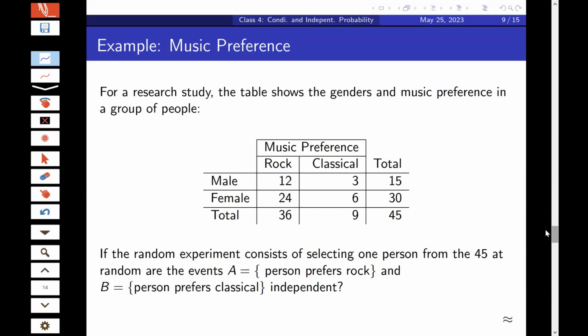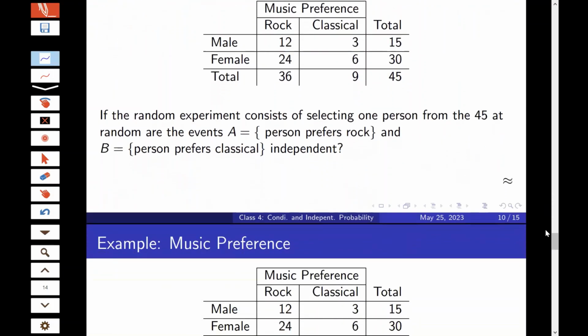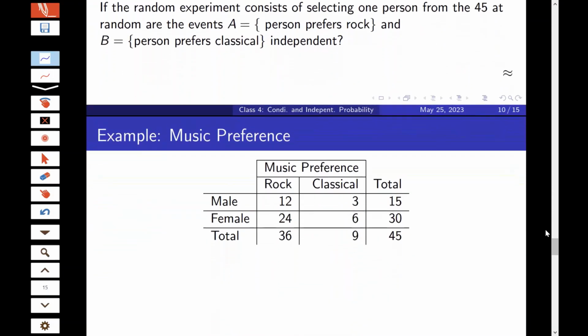The question says the random experiment consists of selecting one person at random from the 45. Event A is that the person prefers rock, and event B is that the person prefers classical. The question asks, are these two independent?